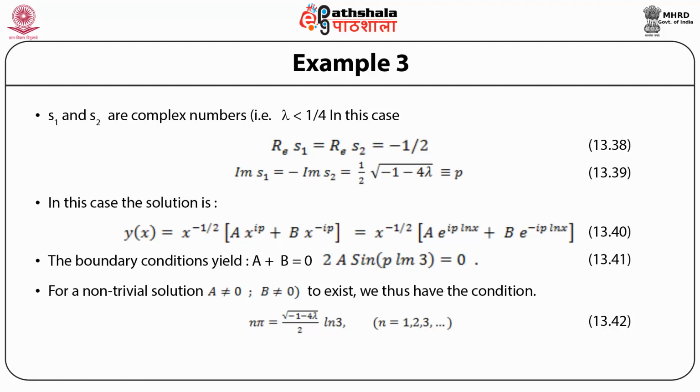Substituting for p, which is under root of minus 1 minus 4 lambda by 2, we have the non-trivial solution if 3 by 2 into under root of minus 1 minus 4 lambda is equal to n pi, where n is any integer. That is the eigenvalue condition, which gives me lambda n is equal to minus n square pi square by 9 minus 1 by 4. So these are the eigenvalues, and for these eigenvalues, the solution exists.